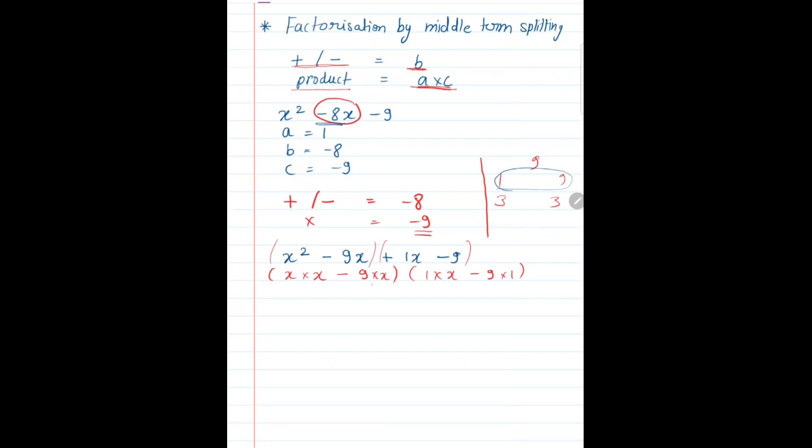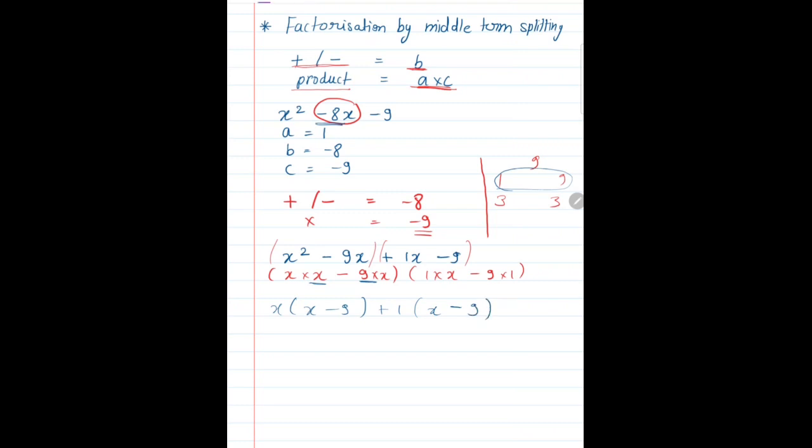Now what is common here? The common thing here is x, so I will take it out. The term x will be remaining, here minus 9 will be remaining. Now here we have positive 1 common, so positive 1 out. Here I'll be remaining with x and here I'll be remaining with minus 9.